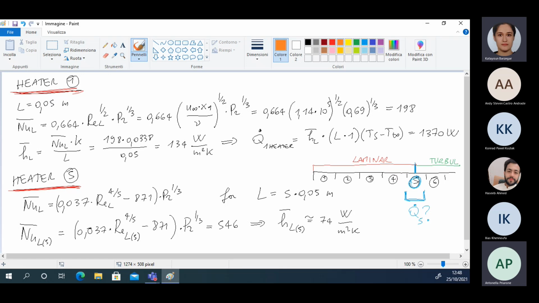I imagine to consider the wall heat transfer rate up to this point, Q, and calculate this one minus what? Minus Q that I have to estimate up to this point.